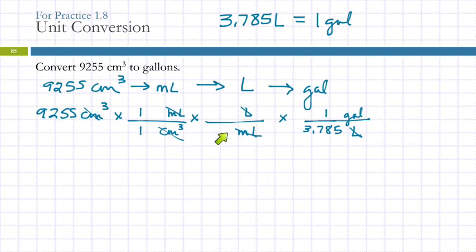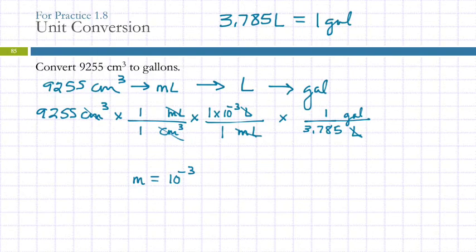So to do this factor here, I need to know milli means 10 to the what? Milli equals 10 to the negative 3. So I have 1 milliliter on the bottom. I'm going to have 1. Now, instead of writing the lowercase m, I'm going to write what it means, times 10 to the minus 3.